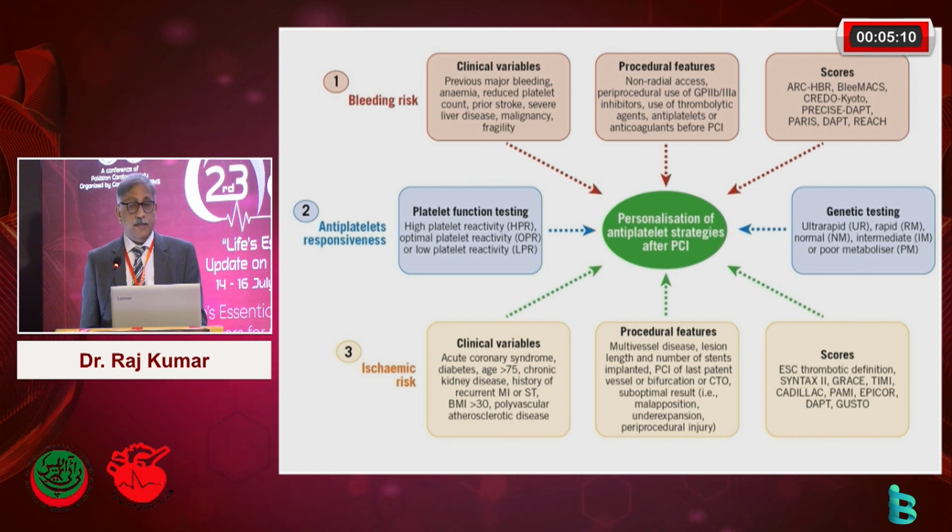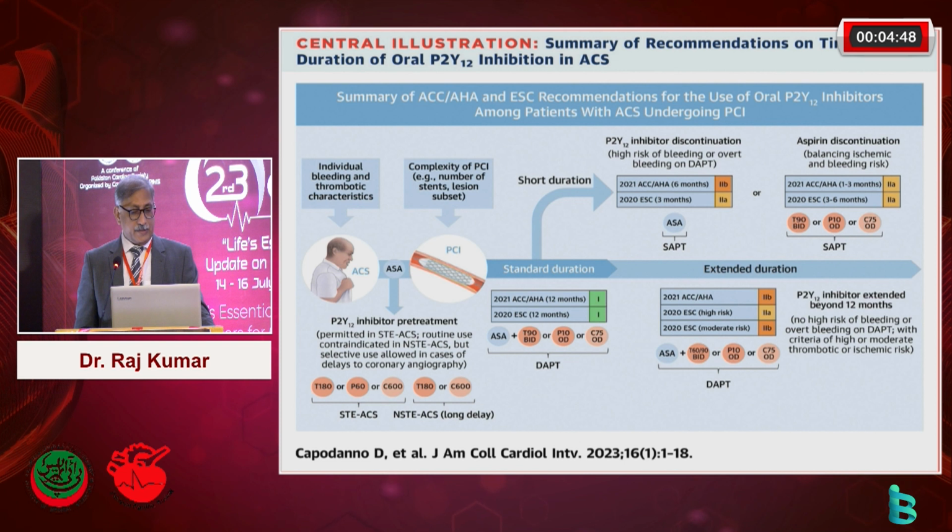And third, at the same time, we must monitor the ischemic risk, that is clinical variables and procedural variables. There are also scores by which we can easily assess, now on our mobile phones, whether this patient is at high risk or low risk.